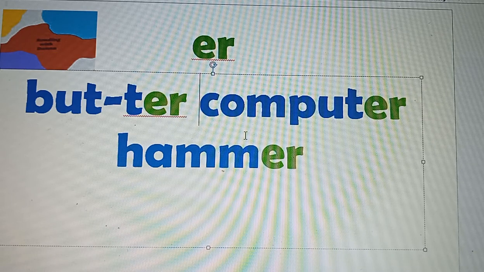C-O-M-P-U-T-E-R. Now, we're going to use some of the knowledge that we gained last lesson. In the last lesson, we learned about the closed syllable and the open syllable. Do you see where that C, O, and M could be a closed syllable?